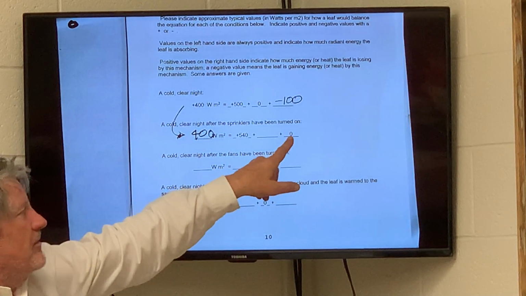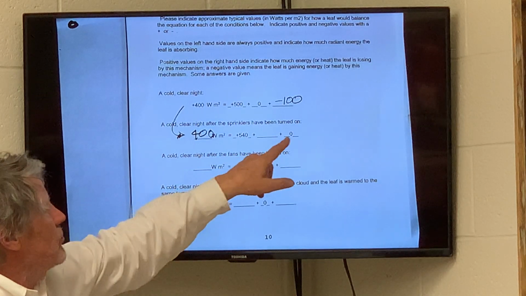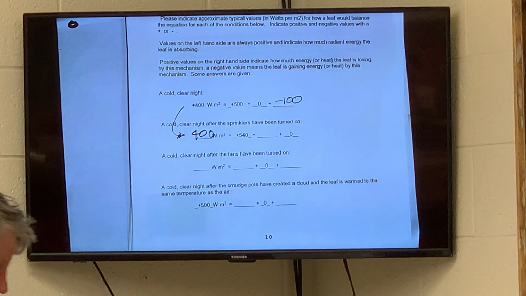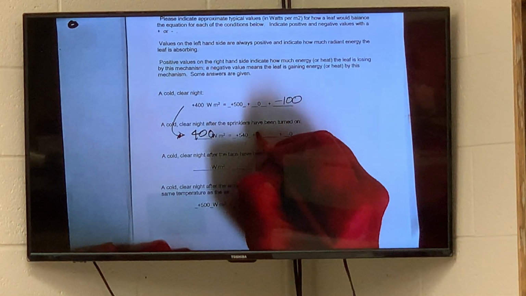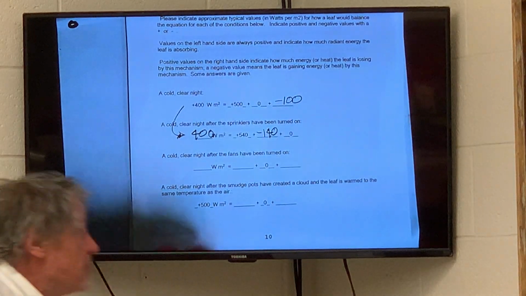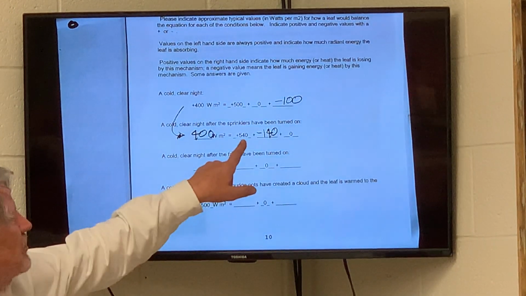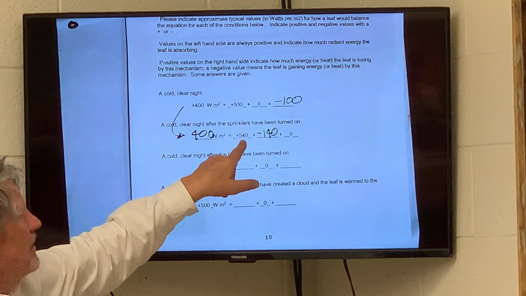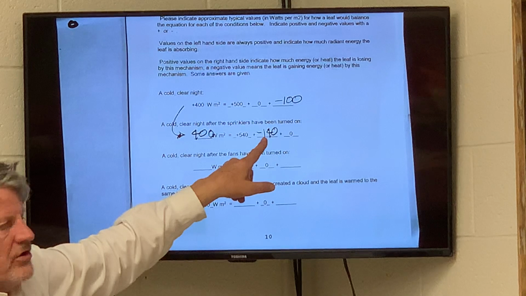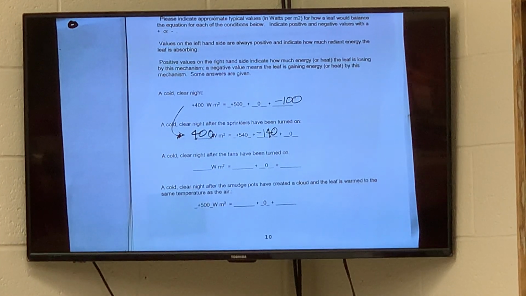Now, it goes right to air temperature, and we still have only one unknown right here. That comes out to be minus 140, because the sprinklers are transferring the energy. Warm the leaf up just a little bit. So the energy that was cooling the leaf is now over here. It's absorbing the water, and the numbers balance.